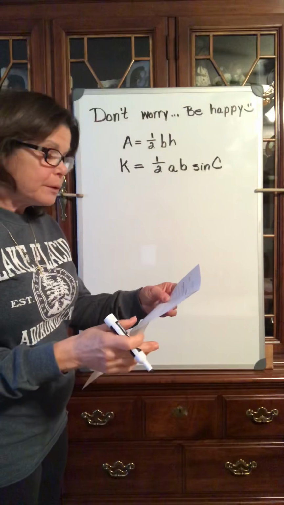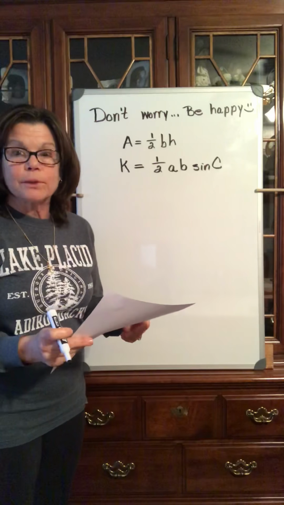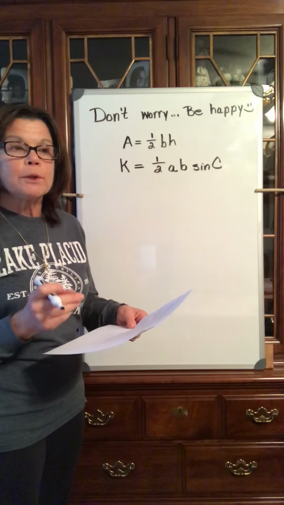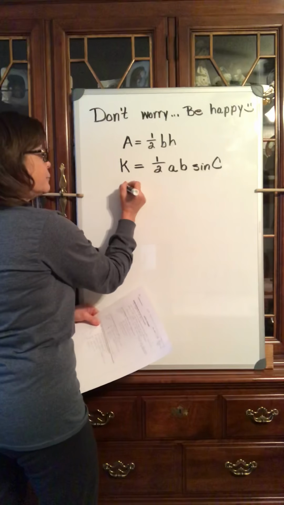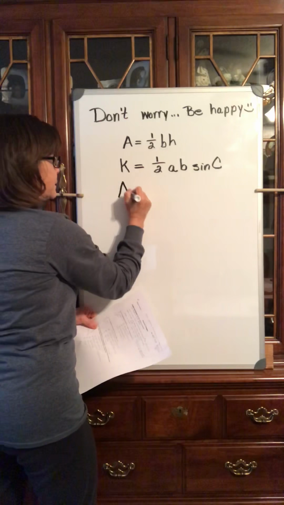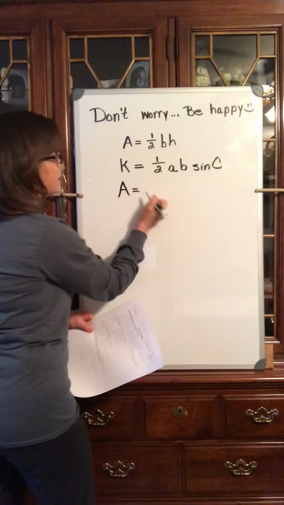The third area formula for a triangle is called Heron's formula. You use that when you know all three sides of the triangle. And that formula for area, this one starts with A equals, don't know why.